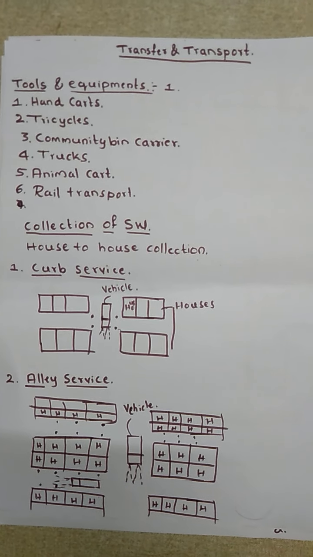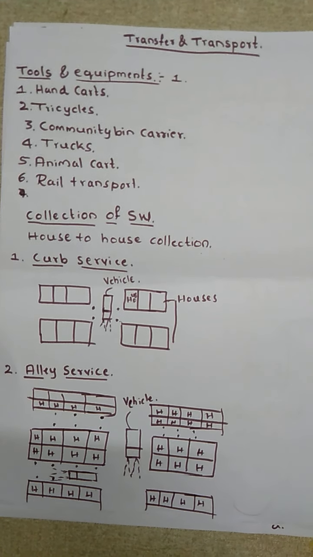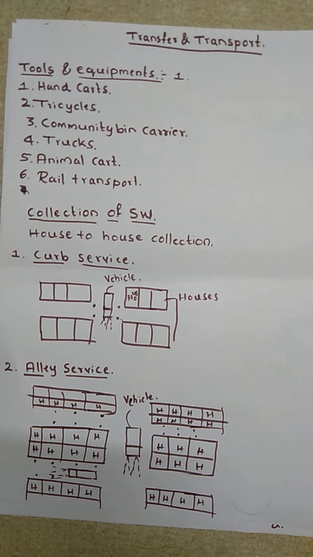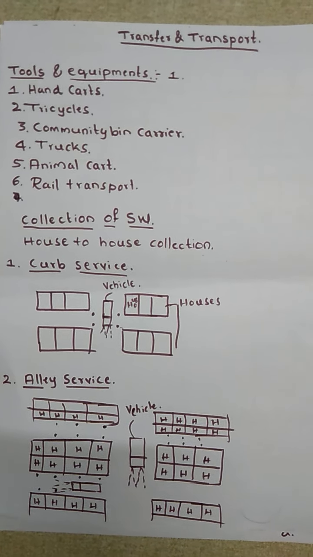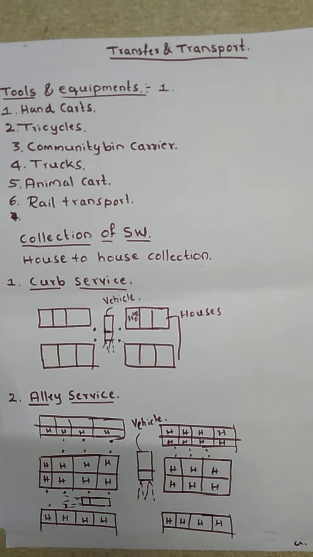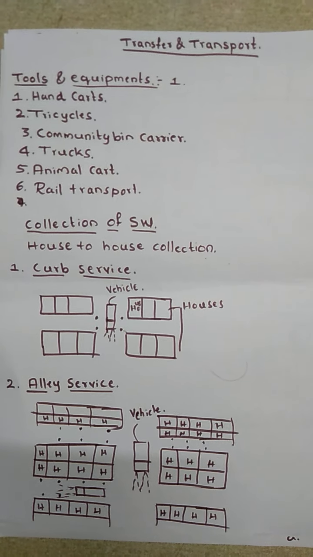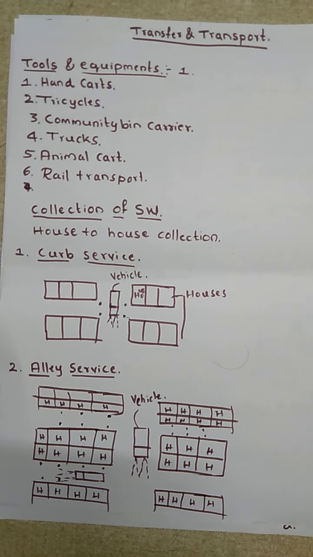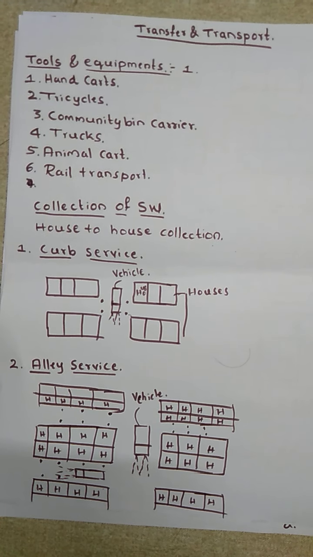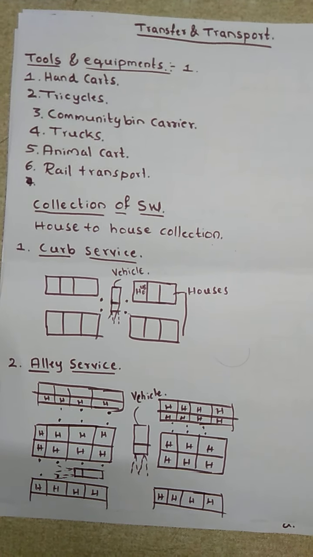In module 1, right now we have completed the half part of it. In that we have covered the sources of solid waste, types of solid waste, physical and chemical characteristics of solid waste, then generation rate, and we have solved the problems on it. Now we are into the second segment of module 1.